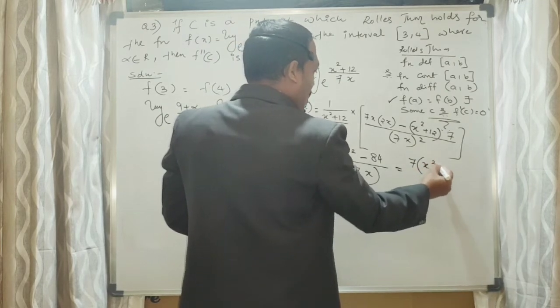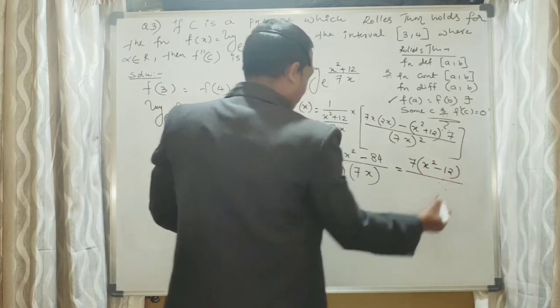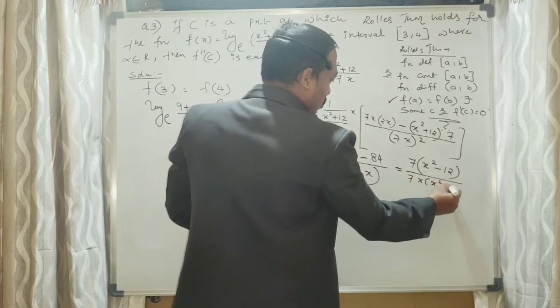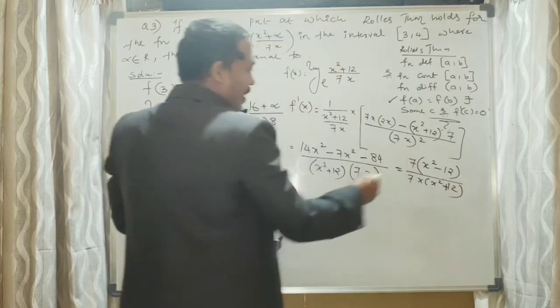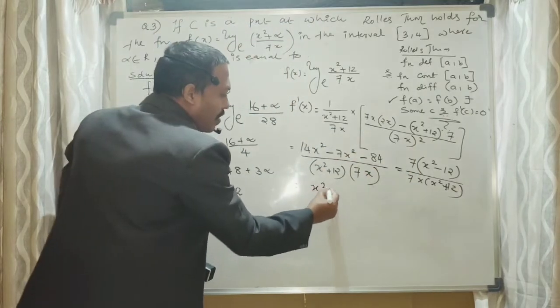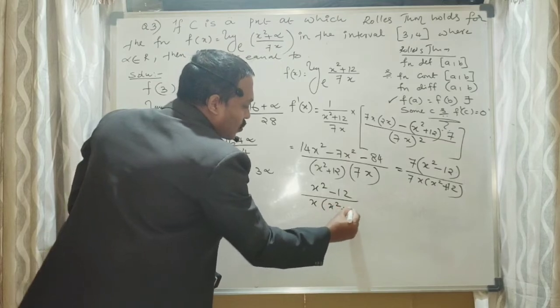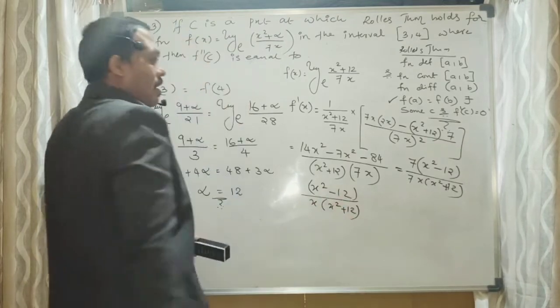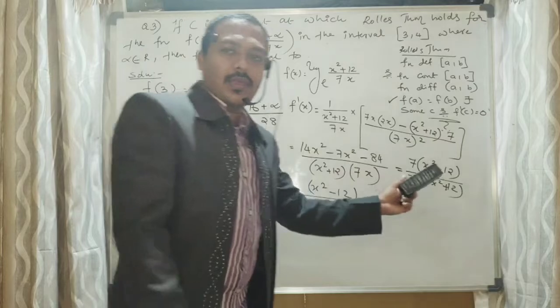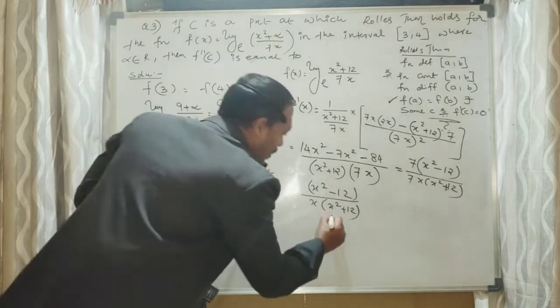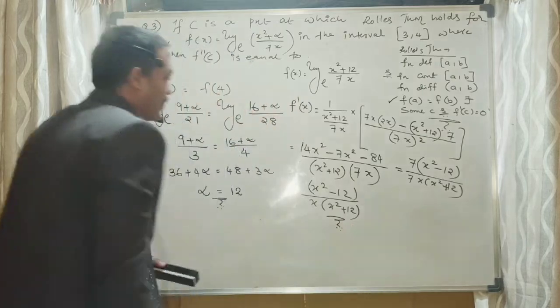So (x square minus 12) divided by 7x into (x square plus 12). Cancelling 7. So (x square minus 12) by x into (x square plus 12) is the first derivative.